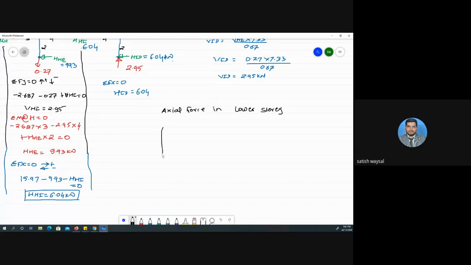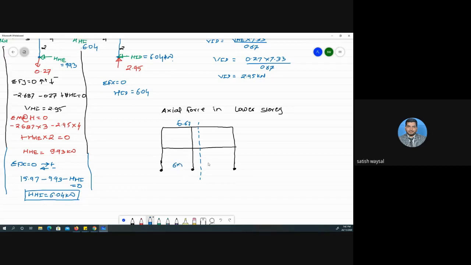Again draw the diagram similar to the previous one, only now we have to consider the hinge in the lower story. The upper story we will consider entirely, and then this will be our lower story. We have already located the x bar, which is fixed at 6.67.